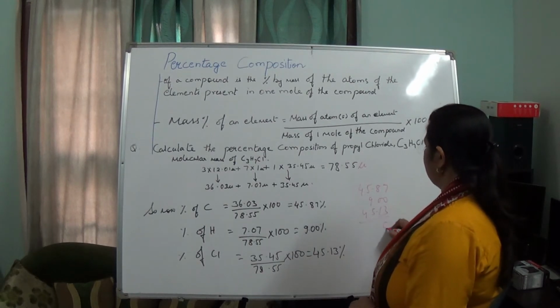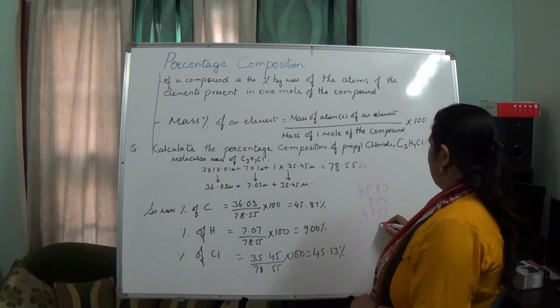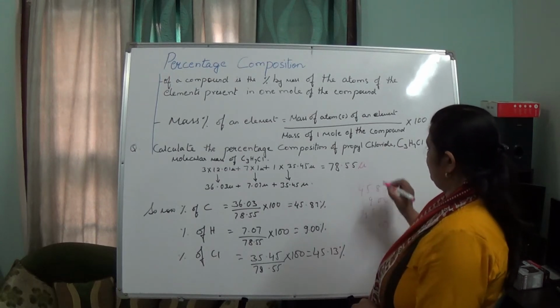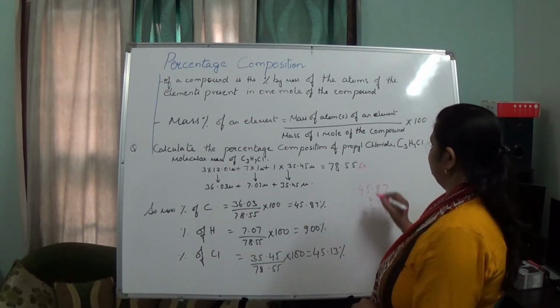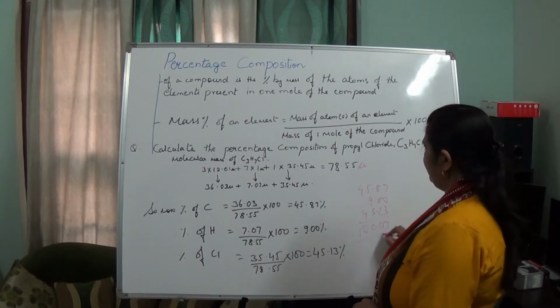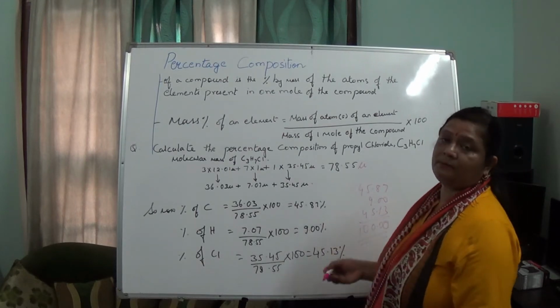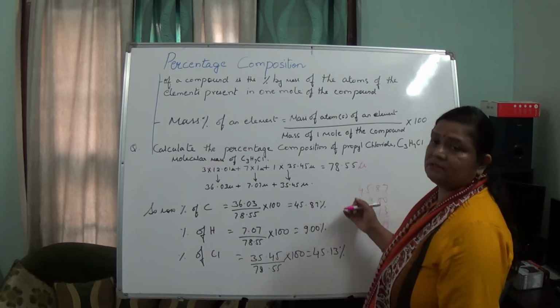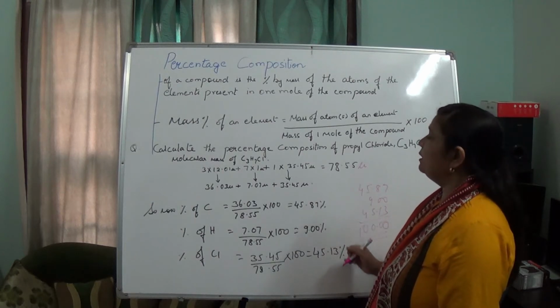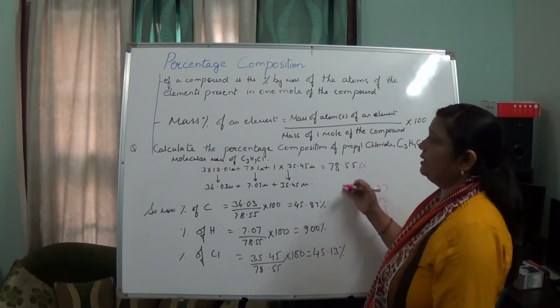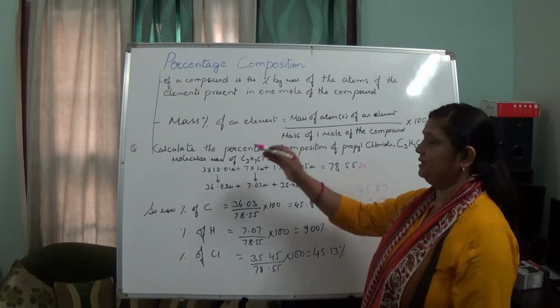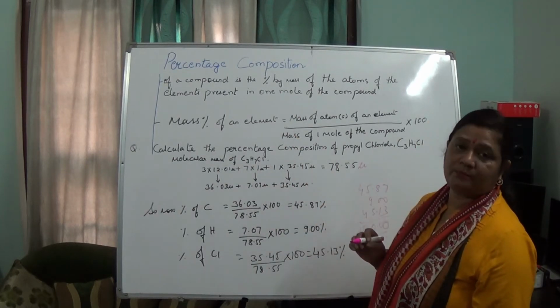So it is coming, the total is 100. So you check after completing whether your calculations are right or not, and you can calculate the percentage composition in this way.